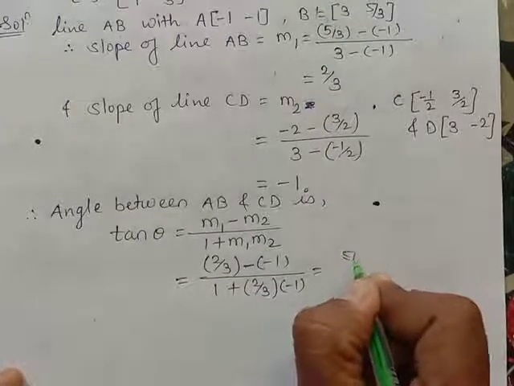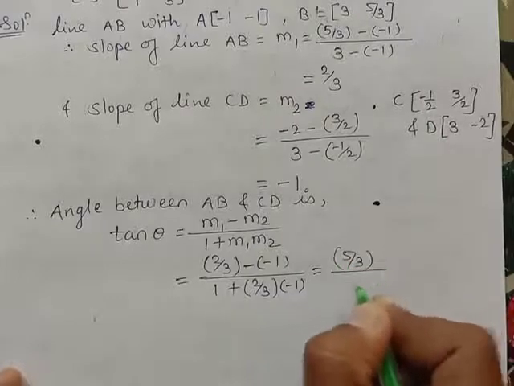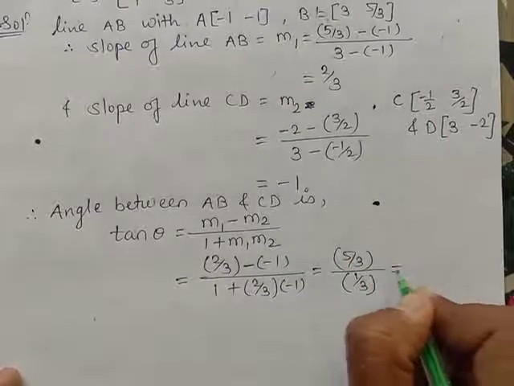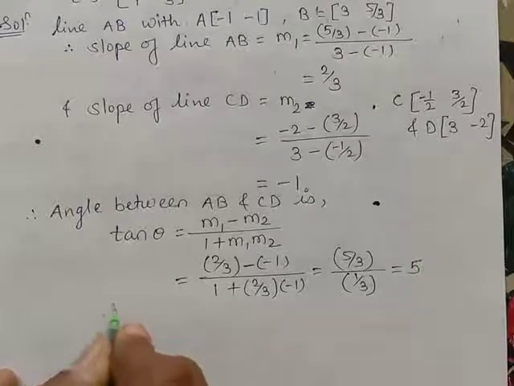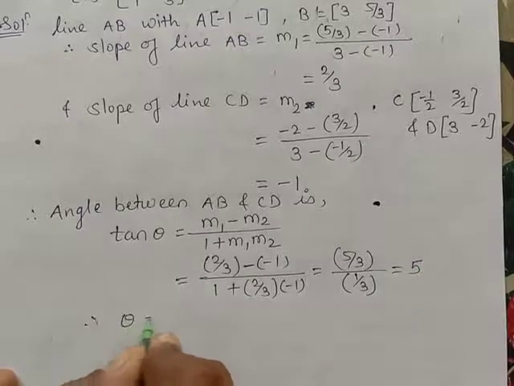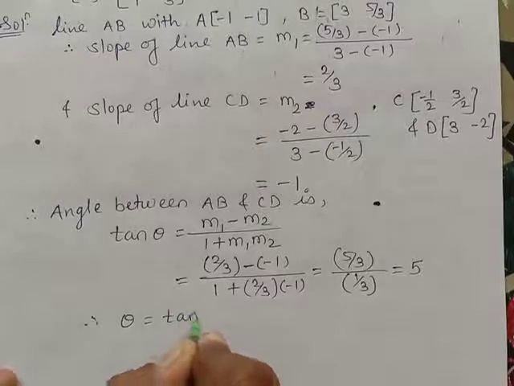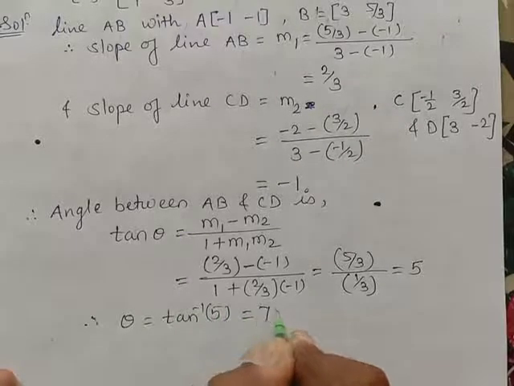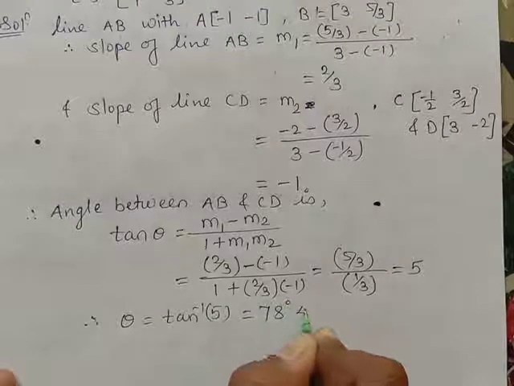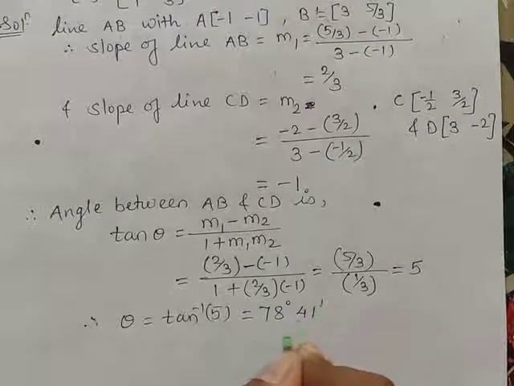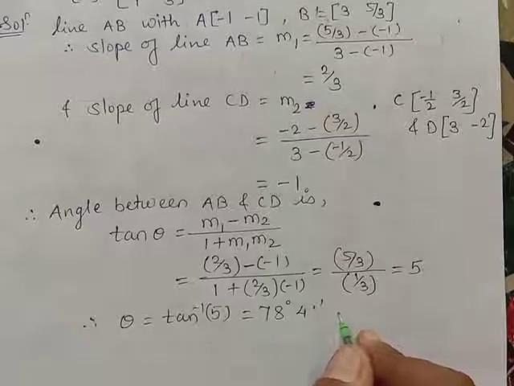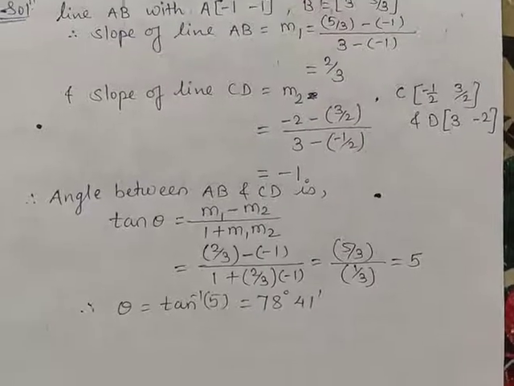That is 5 by 3 upon 1 by 3. That will be what? 5. Therefore, theta equal to what? Tan inverse of 5. And that is 78 degree 41 minutes. Okay, it is near about to that one.